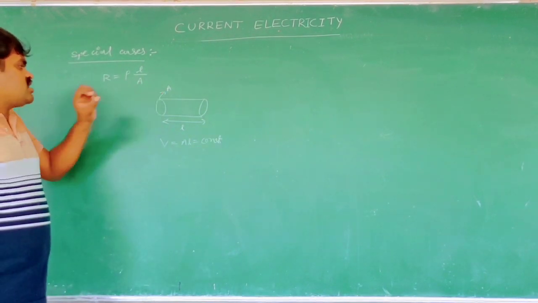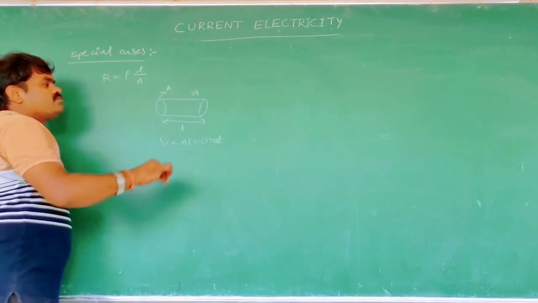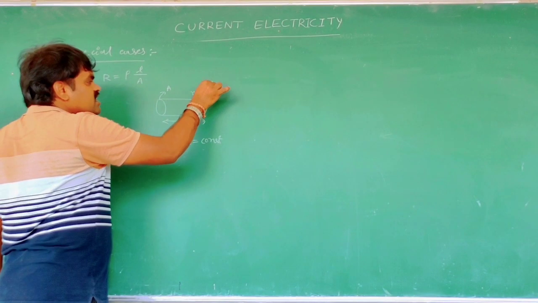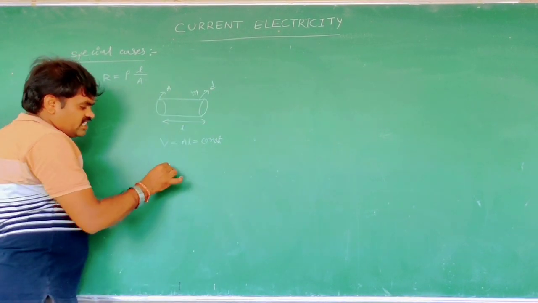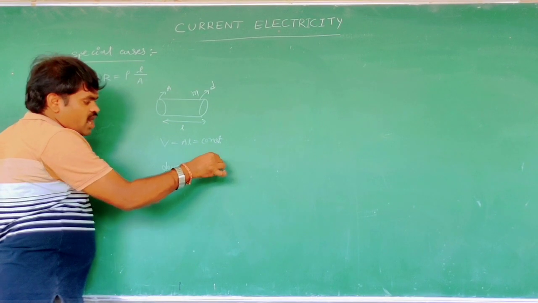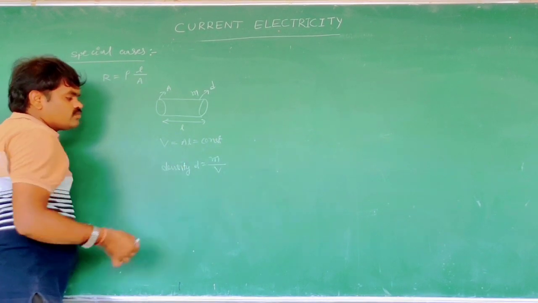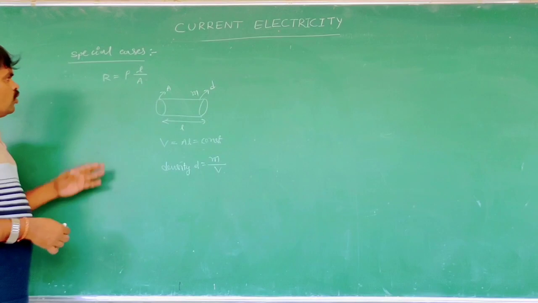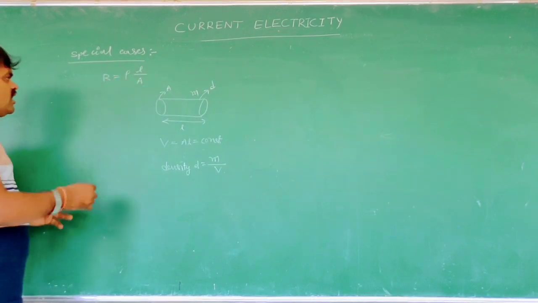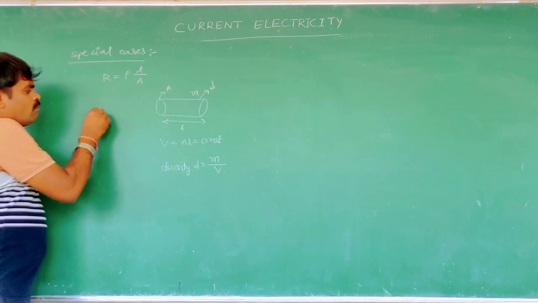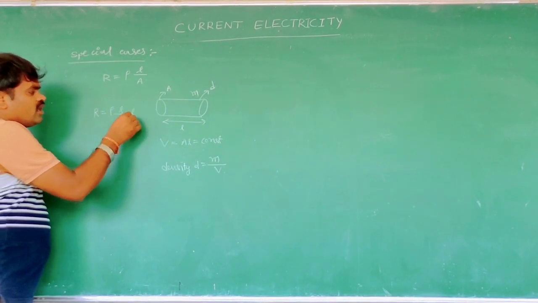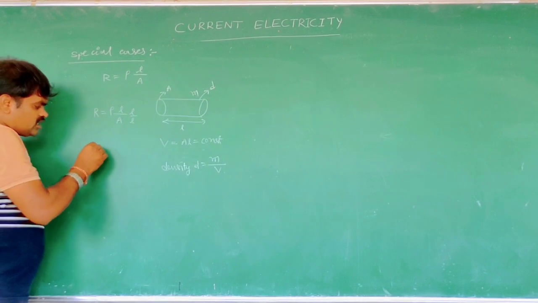Now the mass of the conductor is m, and the density of the material of the conductor is d. Then density d is equal to mass by volume. Now the resistance of the conductor is R equal to rho L by A. We multiply and divide by its length L. Then what do we get?